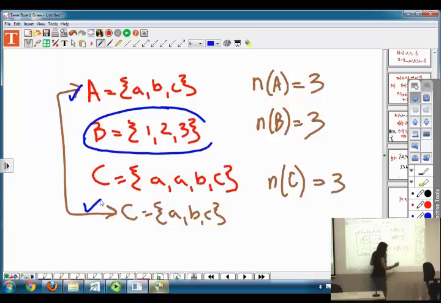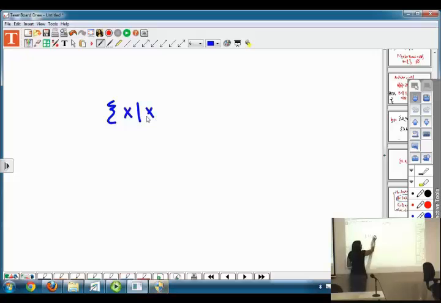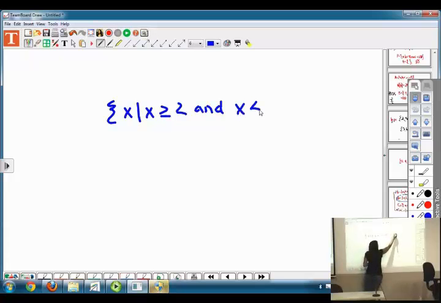Here's what gets confusing in Course Compass. And this is what I don't like, because I think that the way they ask you the questions sometimes in this Blitzer book could be a little misleading. Set A is the set of X such that X is greater than or equal to 2, and X is less than 5.